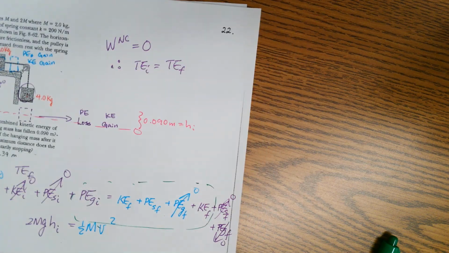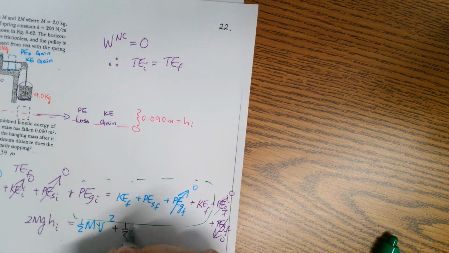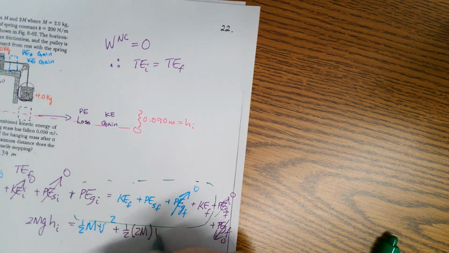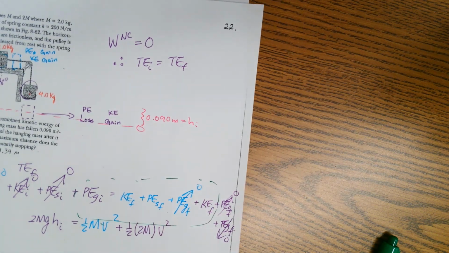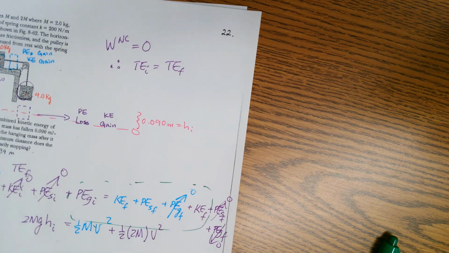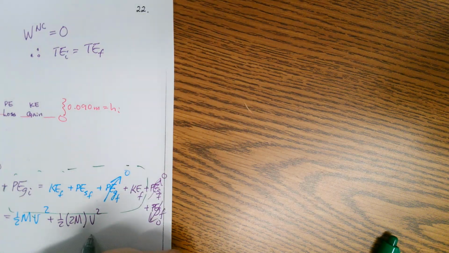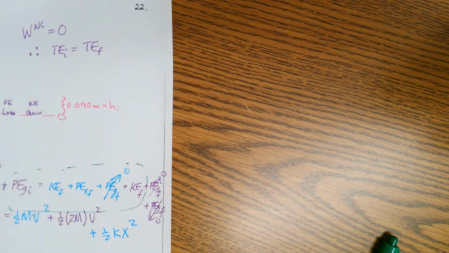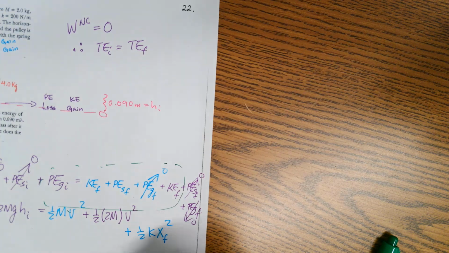Plus 1/2 2m v squared. Right? Plus potential energy of spring, 1/2 kx squared. X final.